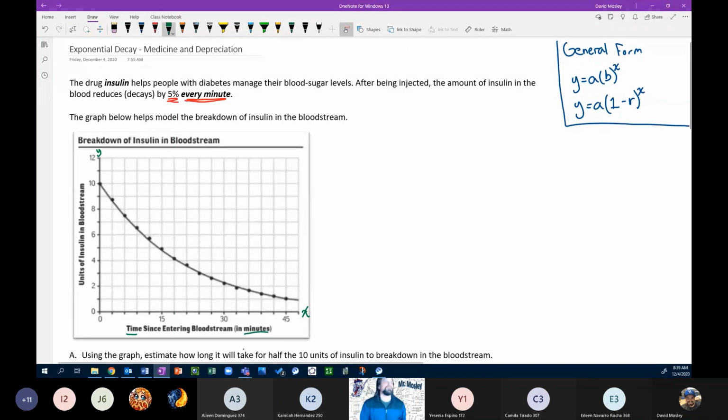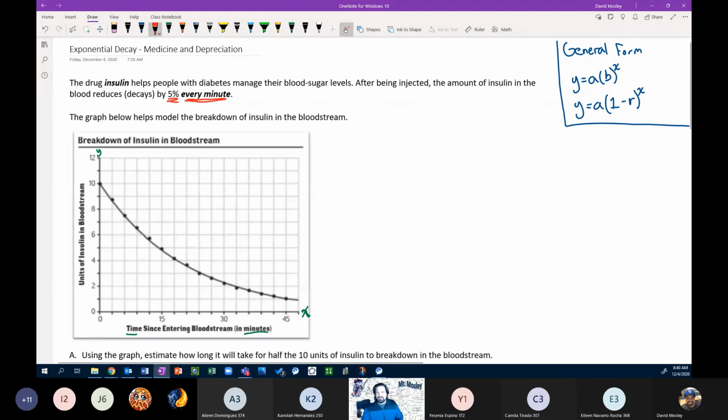So before we move on, based on this graph, what's the start value? How much insulin was given to this person who's being represented on this graph? Yes, definitely.